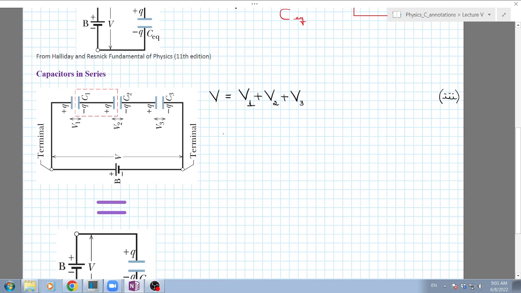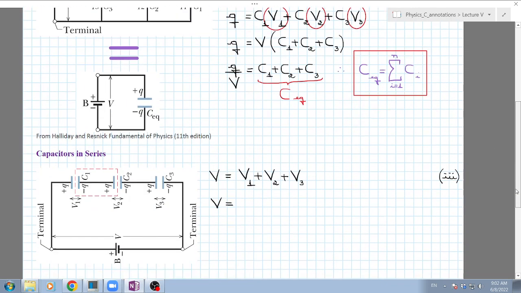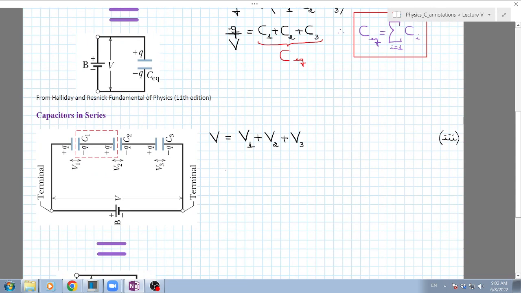And again, from the capacitor equation, the definition of the capacitance, I'm just rearranging it: the voltage is going to be the charge Q divided by the capacitance.